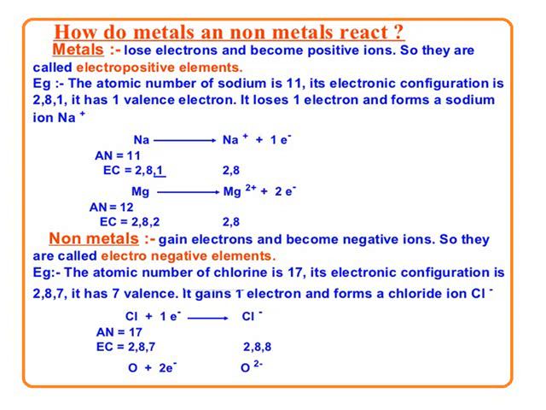If sodium and chlorine react with each other, an electron is lost by sodium and gained by chlorine. So Na+ and Cl- ions, being oppositely charged, attract each other and are held by a strong electrostatic force of attraction to exist as NaCl. Thus, an ionic bond is formed.